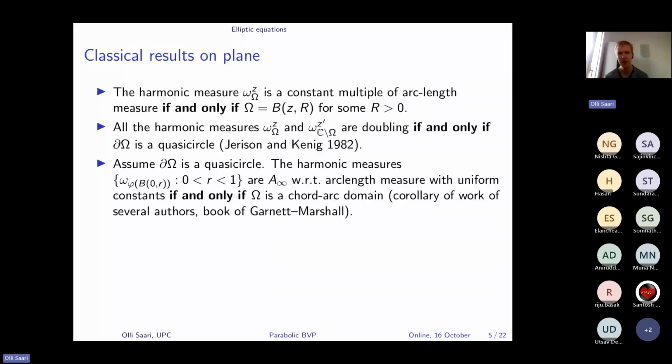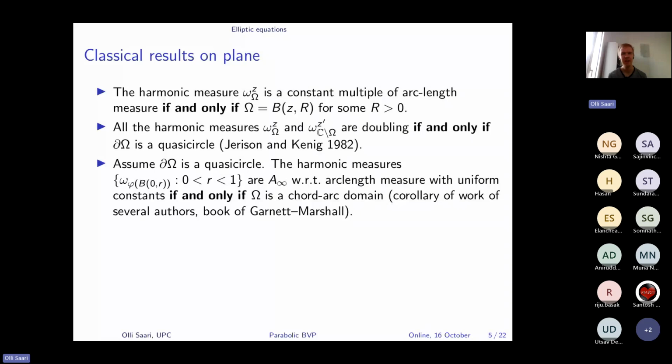So you always know that the integral average of the weight in any cube is bounded by a constant times the exponential of the integral average of the logarithm. So this is reversing Jensen's inequality. If this holds in every cube, you say that your weight is in the A infinity class.